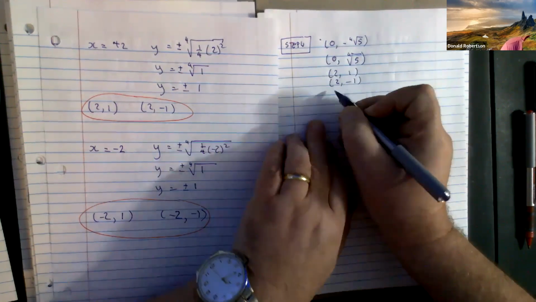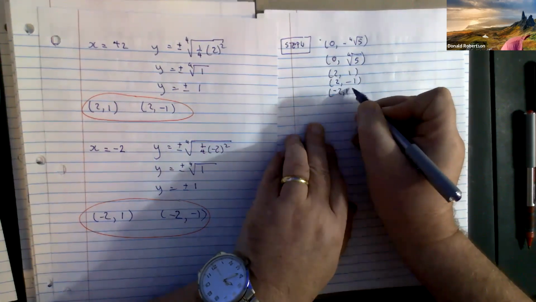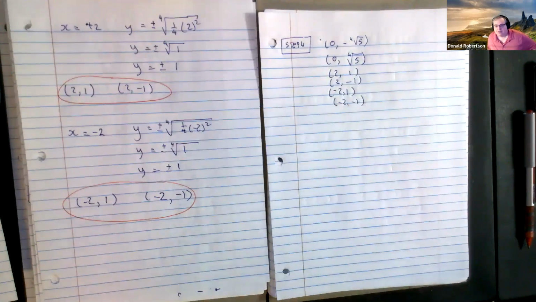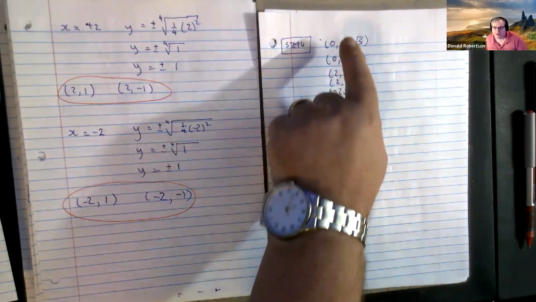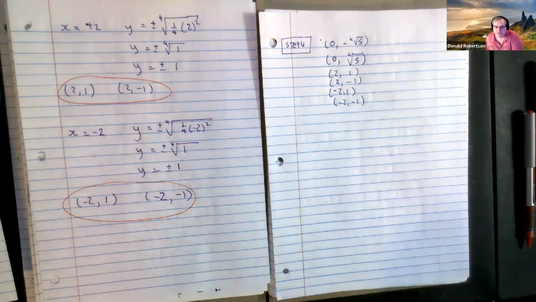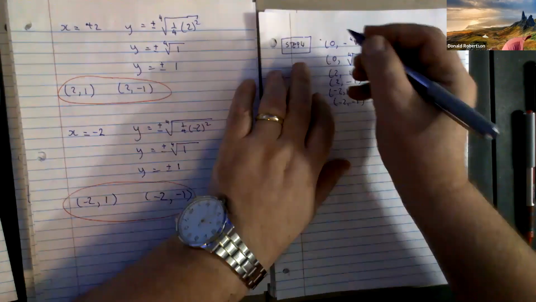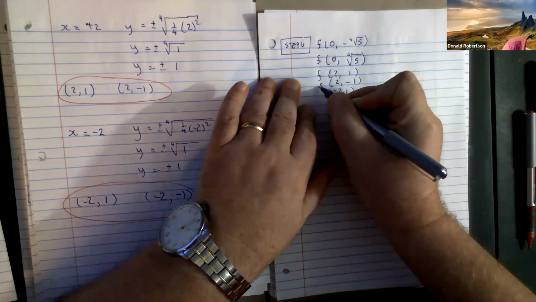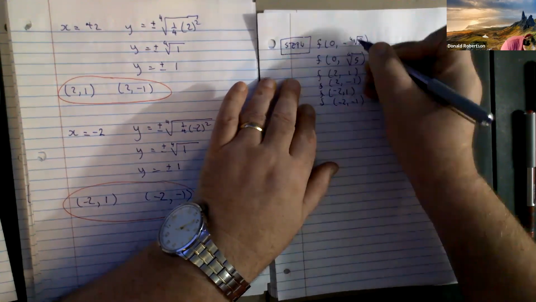I found that guy. I found that guy. And last but not least, I found that guy. So the answer that we are looking for is going to come from these 6 guys. So what you do is you find the value of the original function at these points.